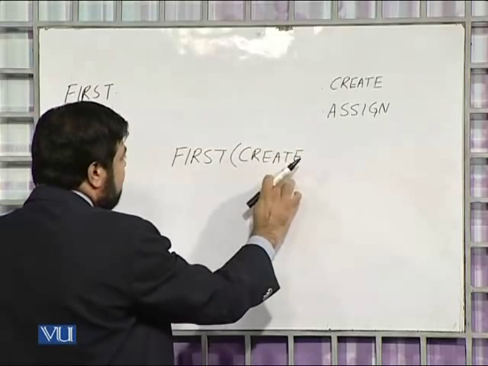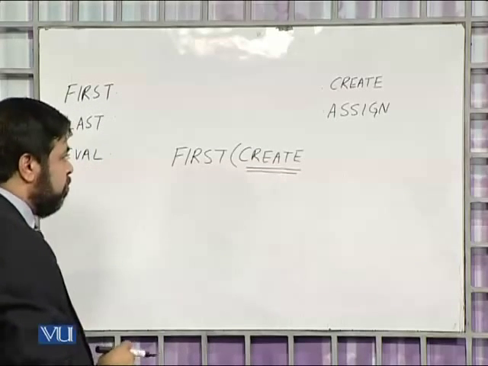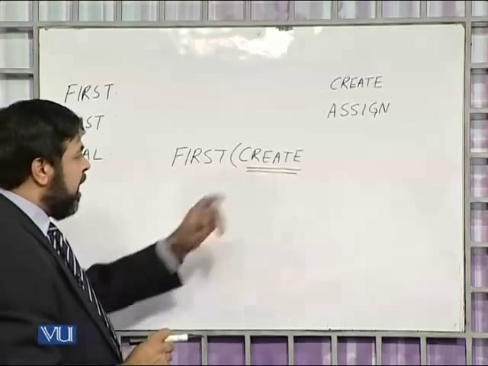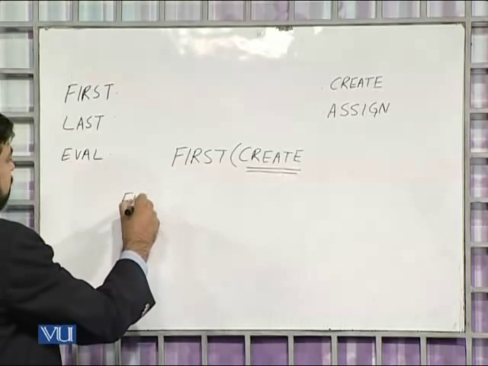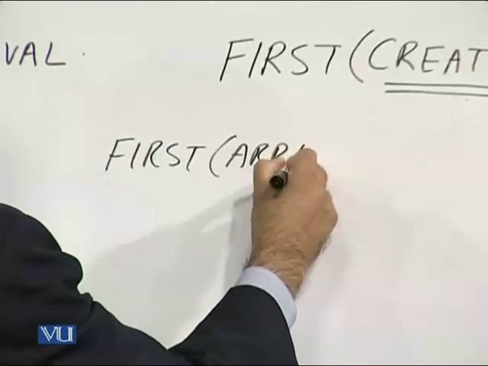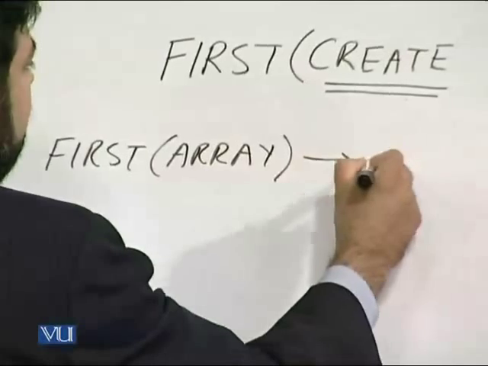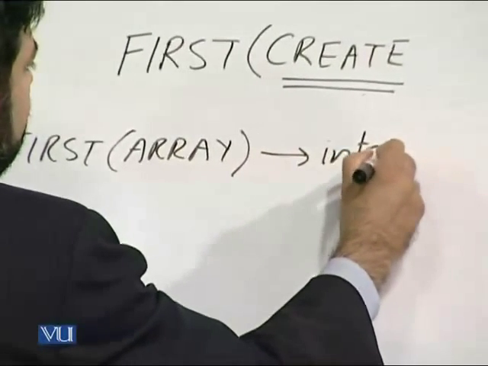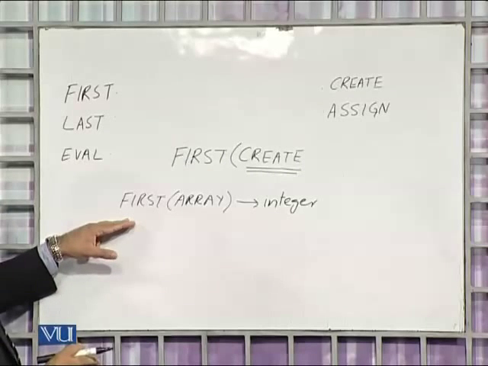So we apply this constructor. Remember, the input to first is an array, and it gives you an integer. So this was our signature for first.